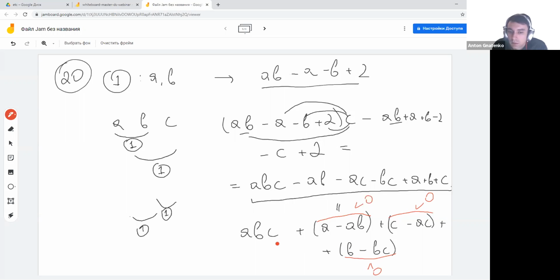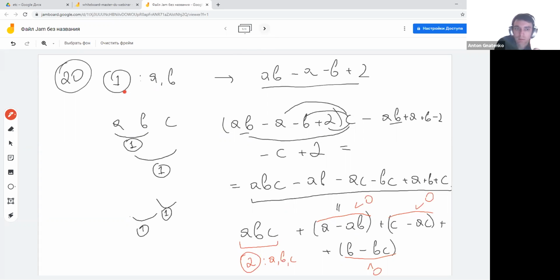Now look, we have here the product of the three numbers, which is actually the result of applying operation number 2 to these three numbers. And then we add something negative to it. So when we apply operation number 1 two times, we obtain something smaller, or at least not greater, than when we apply operation number 2 to these three numbers.